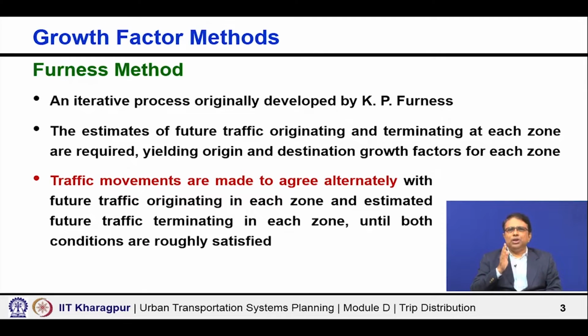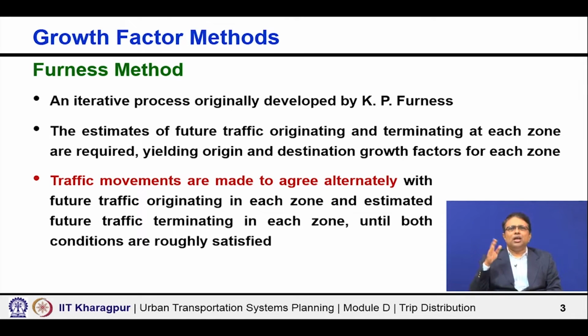Similarly, we do it for each destination zone. If there are n destination zones, then for every column we find the growth factor and multiply each cell in that column with that value. Then we take the next column, and like that all columns in that matrix we apply the growth factor.